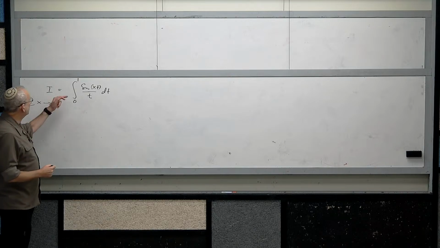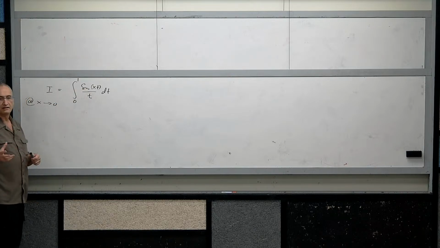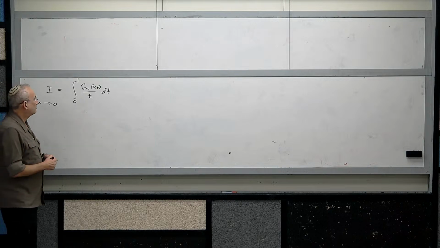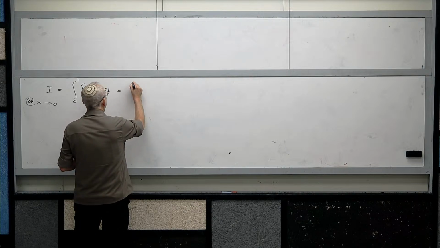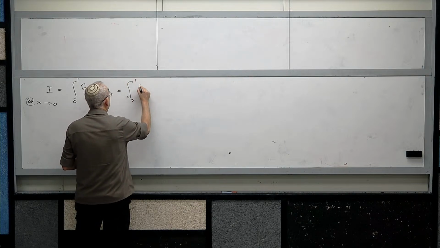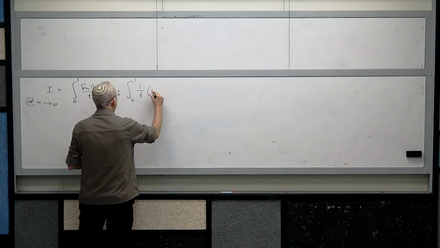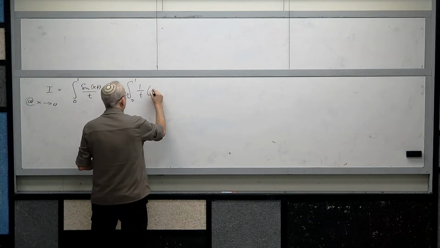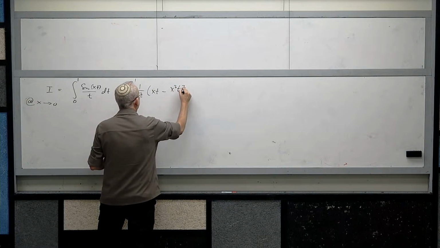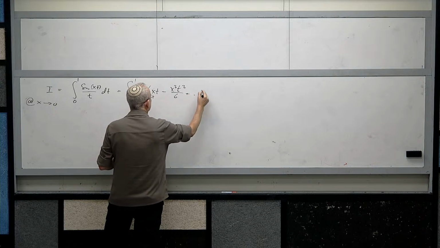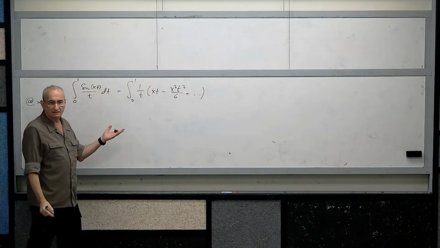As x goes to 0, the sine xt is very, very small. So I can write the simple expansion, the integral from 0 to 1 of 1 over t times, say, xt minus x cubed t cubed over 6 plus blah blah blah, right?